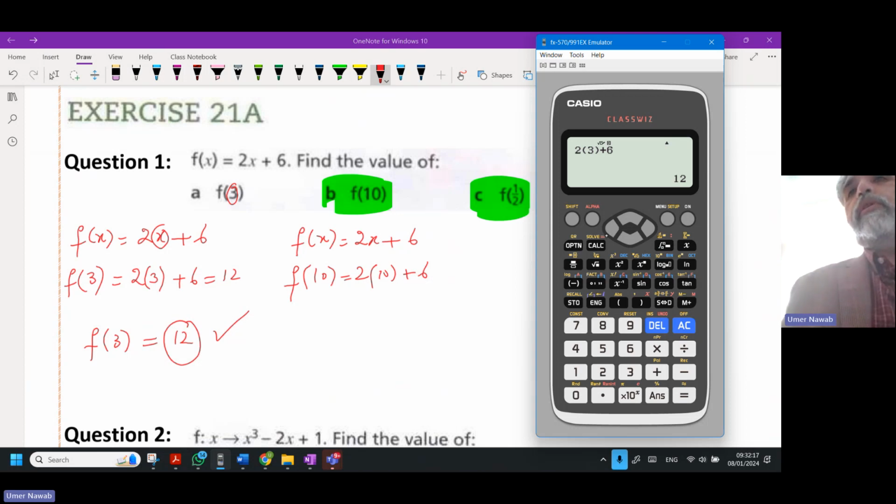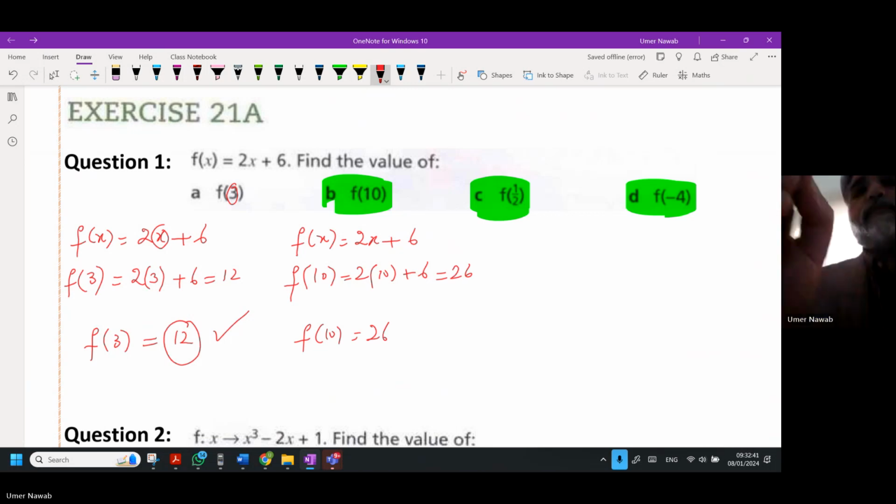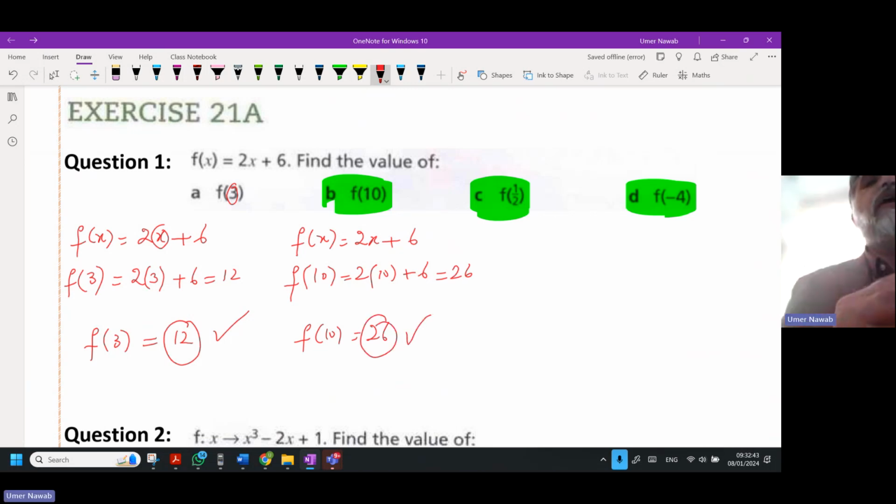You can check it out in the calculator screen. In the place of the bracket open and close, now delete 3 and copy 10 because my new input is 10. Press the equal sign, it gives you 26. So f of 10 is equal to 26. So 26 is my output when my input is 10.